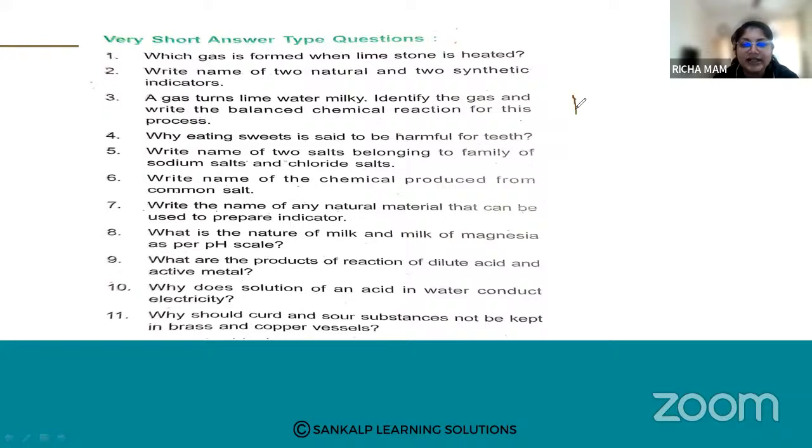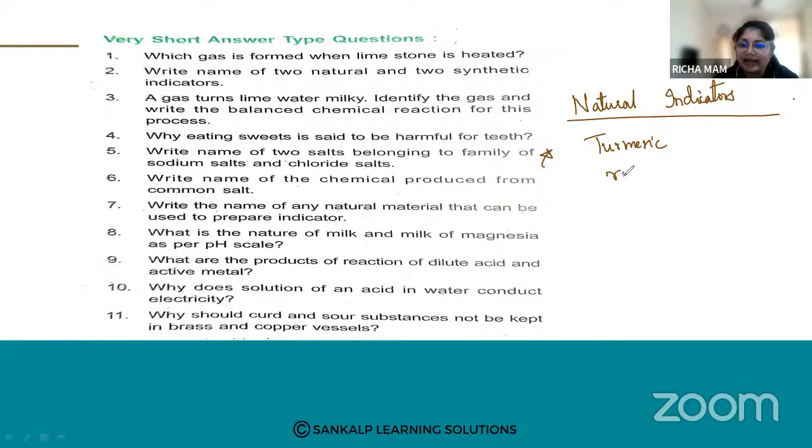Natural indicators are obtained from natural sources like turmeric. From turmeric you can prepare an indicator.